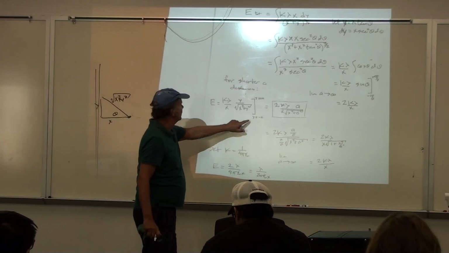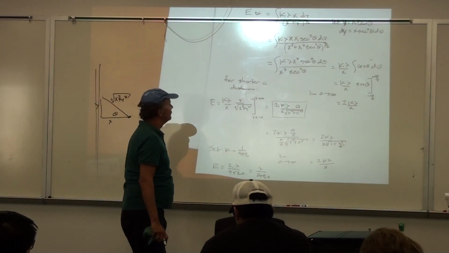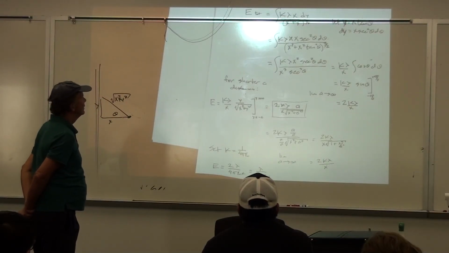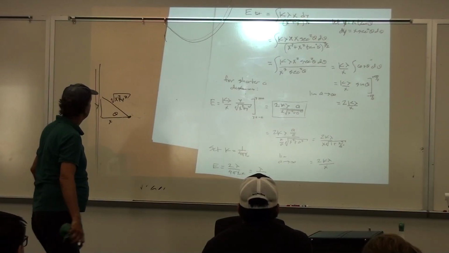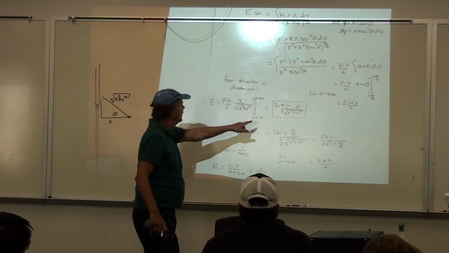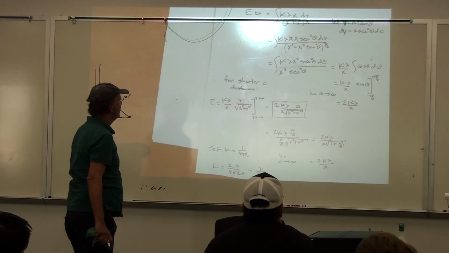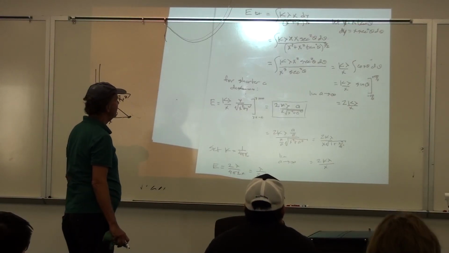We're going to be evaluating this from plus a to minus a. So we're just integrating that sine theta function, but we're doing it in terms of x and y. Okay, and so we have y equals plus a, y equals minus a.